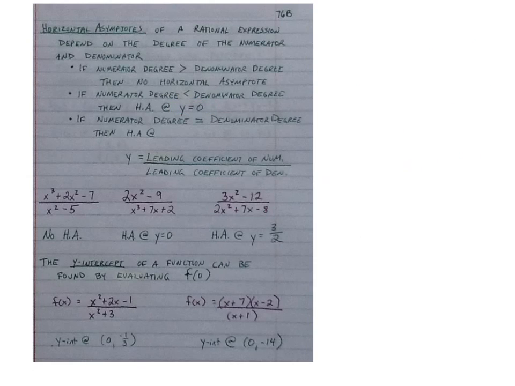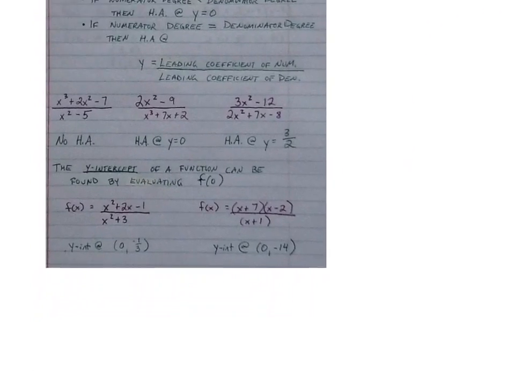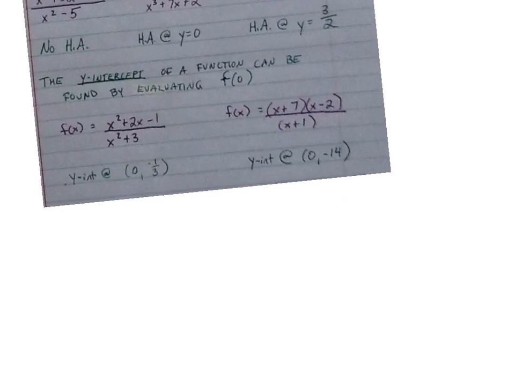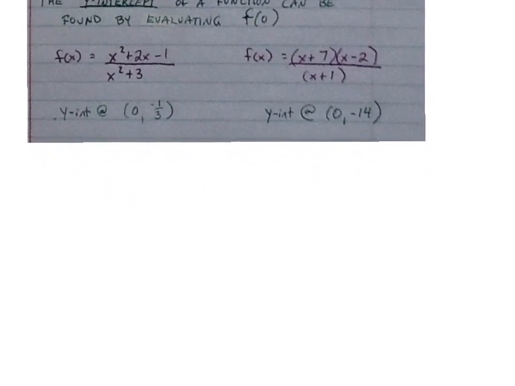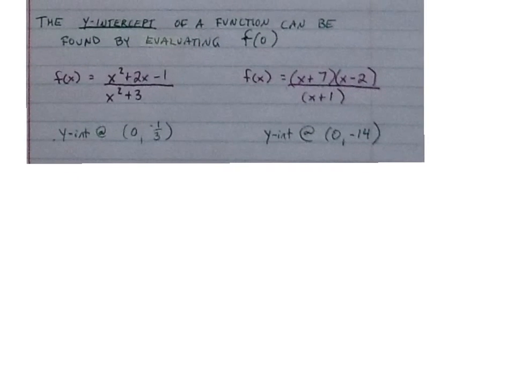We'll focus now on the y-intercepts of a function. So the y-intercepts of a function can be found by evaluating f of 0. So basically we plug 0 into our expression.